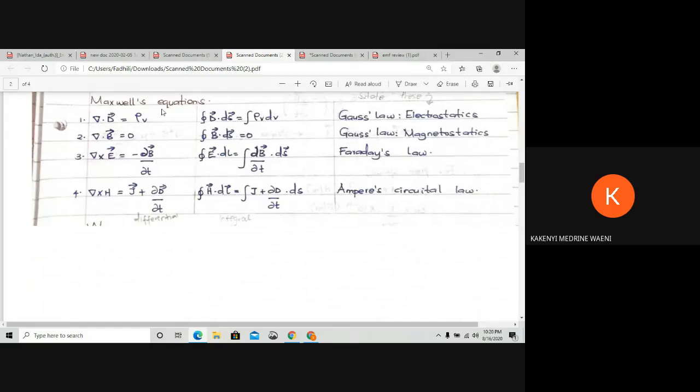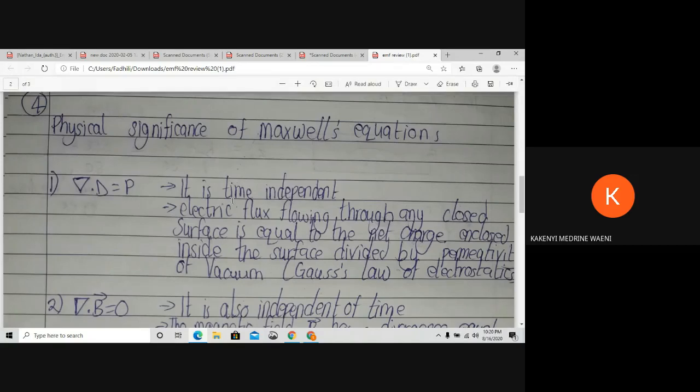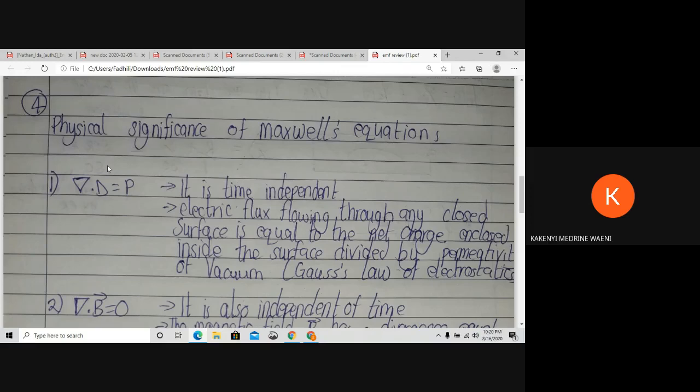This is the differential form. Then in the middle, that's where we have the integral form. So, yeah, the physical significance of Maxwell's equations. I know here it's in the differential form, but now you put here the integral form.